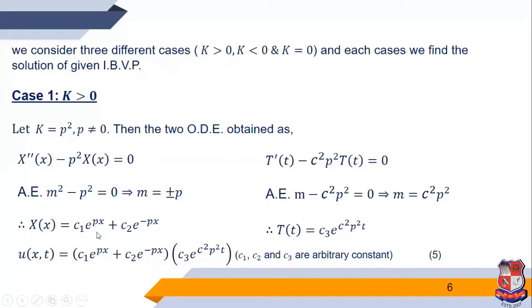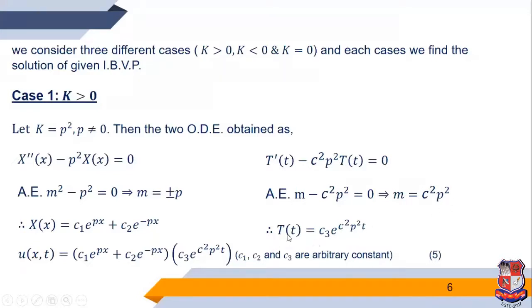So we write X of x is C1 e raised to px plus C2 e raised to minus px. But in the second ODE, we write T dash minus c square p square T is equal to 0. This is not a second order ODE. This is a first order ODE. So obviously we get m is equal to c square p square, only one root, and this is a real root.